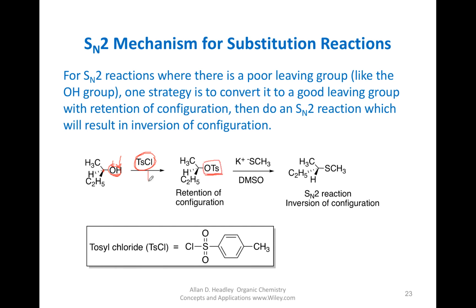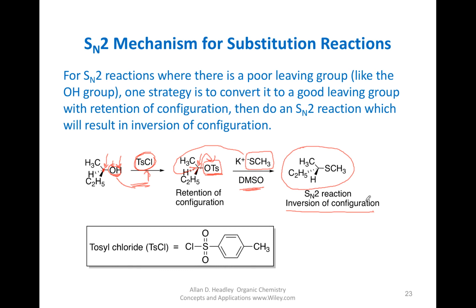So this reaction here does not change the stereochemistry because the reaction does not occur at the chiral carbon. So this is not a substitution reaction, not an SN2 reaction. This reaction, however, is an SN2 reaction where this is now our nucleophile, and it is coming in from the rear and kicking that out to get our product here, which is an inversion of configuration.